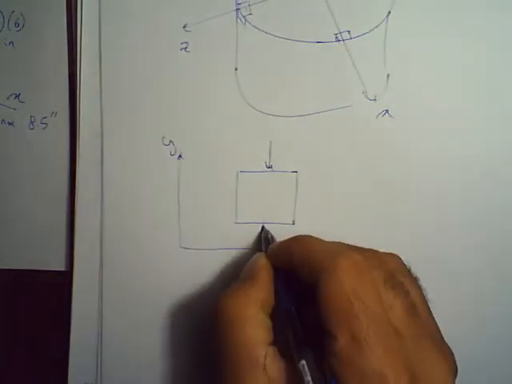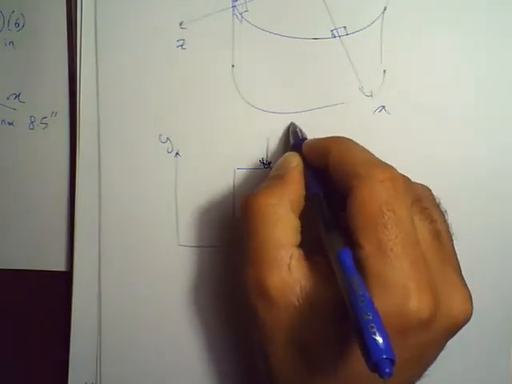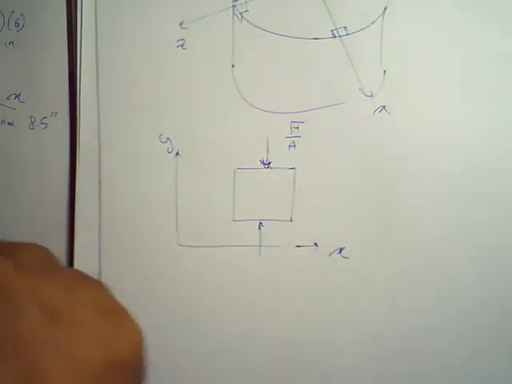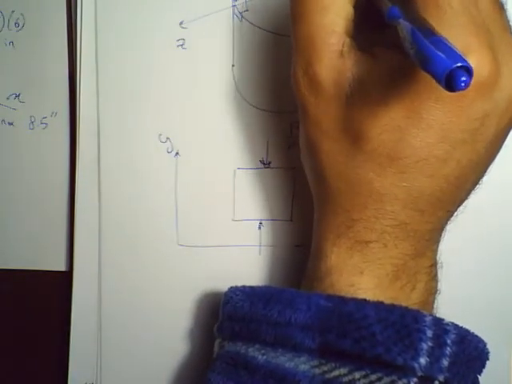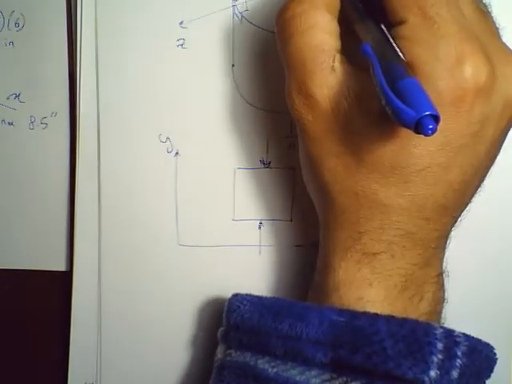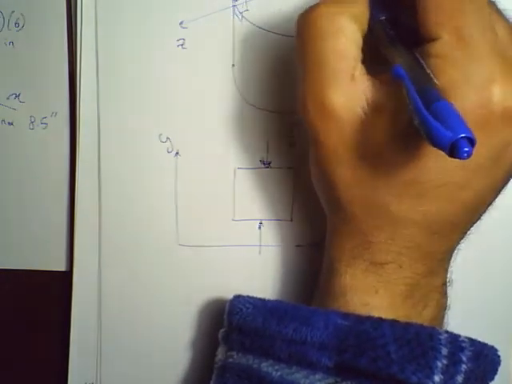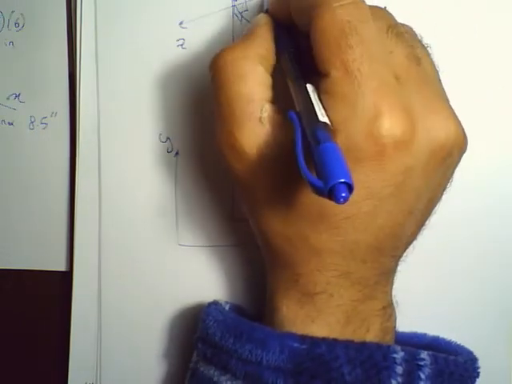So you're going to start with whatever you have. We have the stress caused by the force, which is compression, so F over the area. We have the force F, the shear, and then the bending moment.